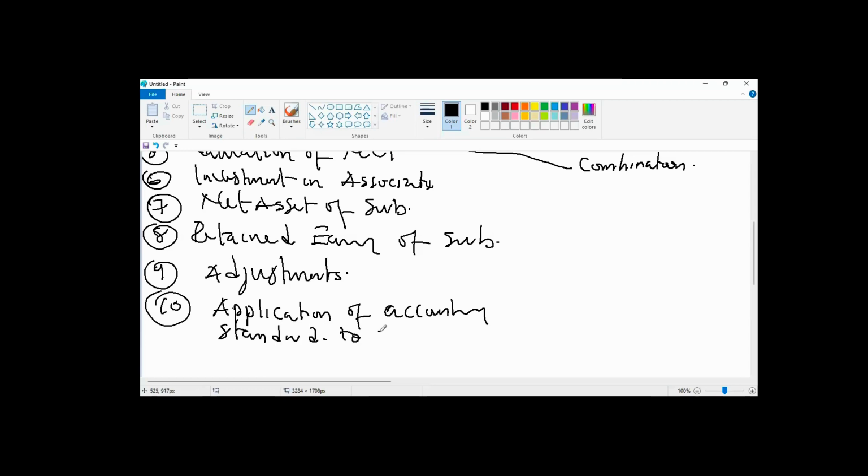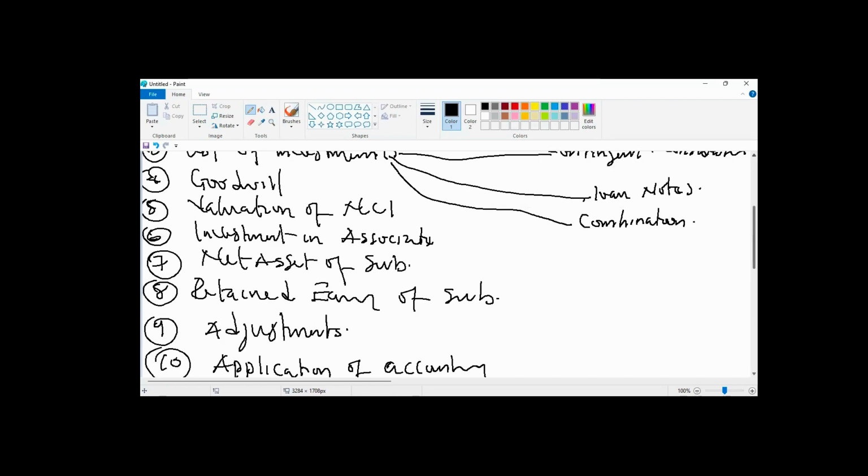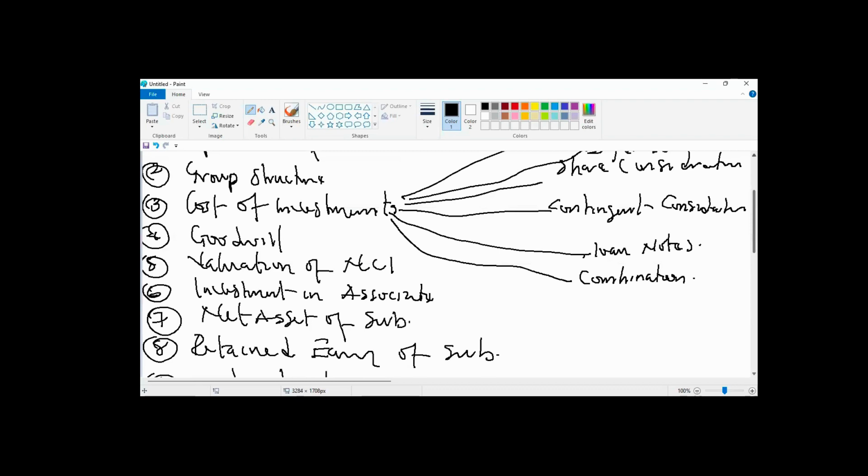So group question, question on group accounts. By then you must have learned many group questions. Then you will now be picking the standard and be applying it. These are things ordinarily we must understand very well.